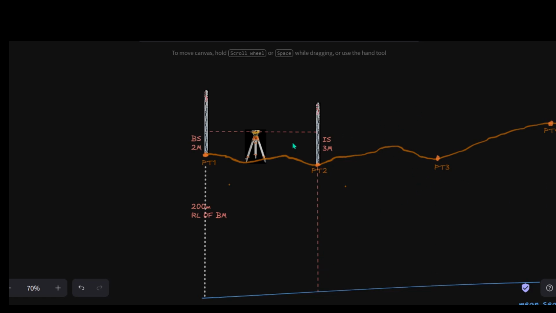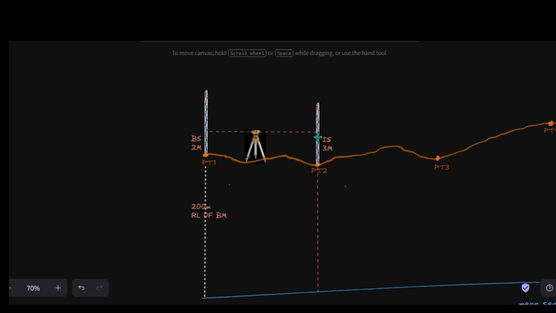So I would get their readings first before doing mathematical operations to find their reduced levels. I can keep my instrument here and view this point, unless I cannot view it from where my instrument is. That's when I need to change my instrument.